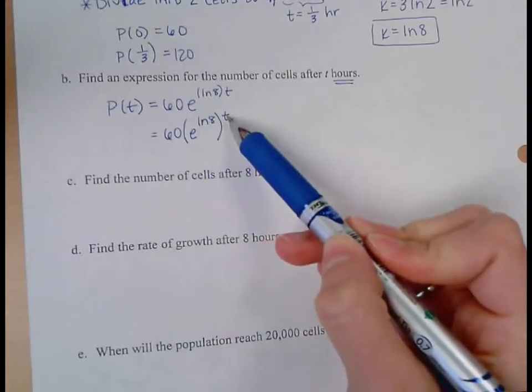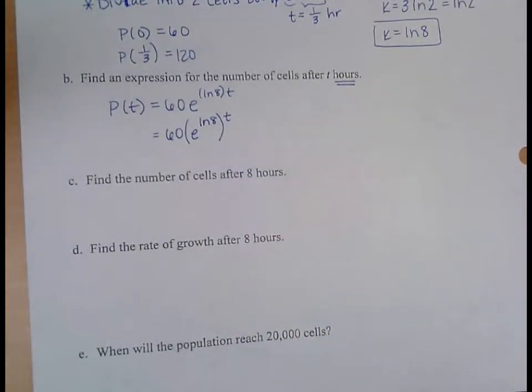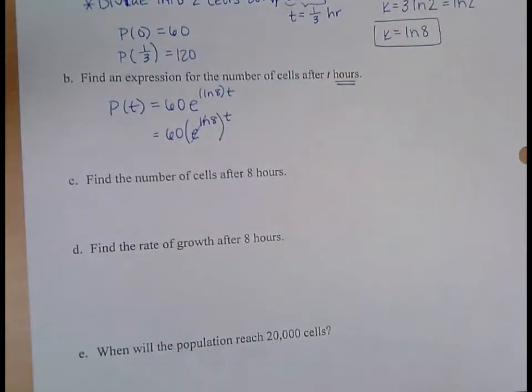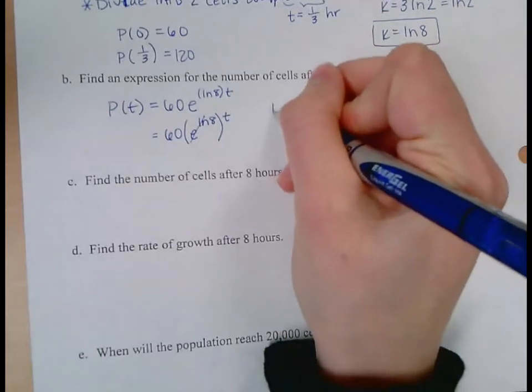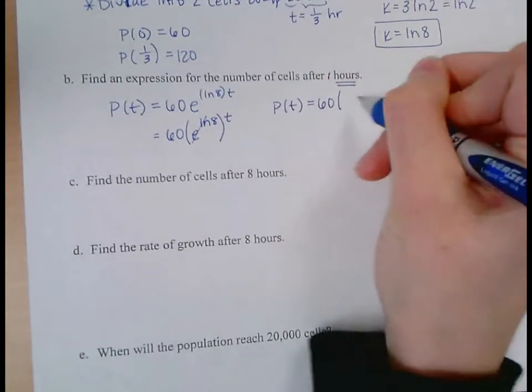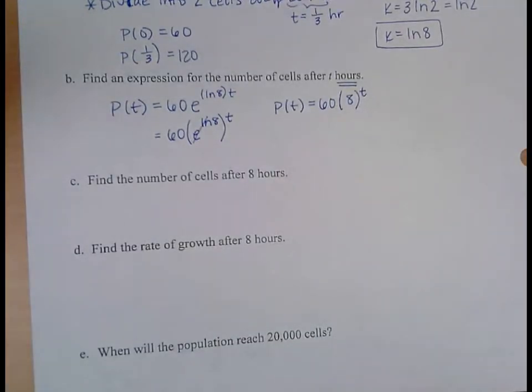So that power raised to the power of t would get me those two exponents multiplied together. And the reason I'd want to do that is the e and natural log can cancel out, meaning I would get P of t is equal to 60 times 8 to the power of t. So you would raise the number 8 to whatever your t value is and then multiply that by 60, and that would give you your population at that time.